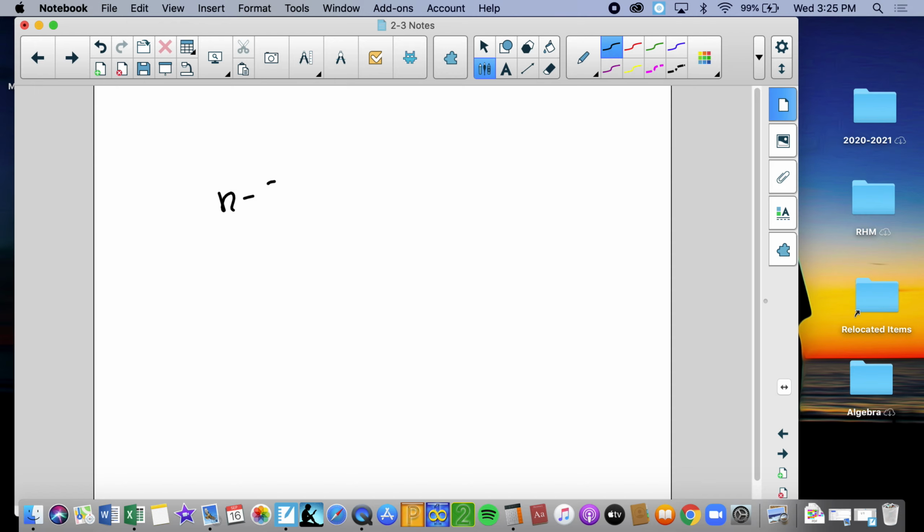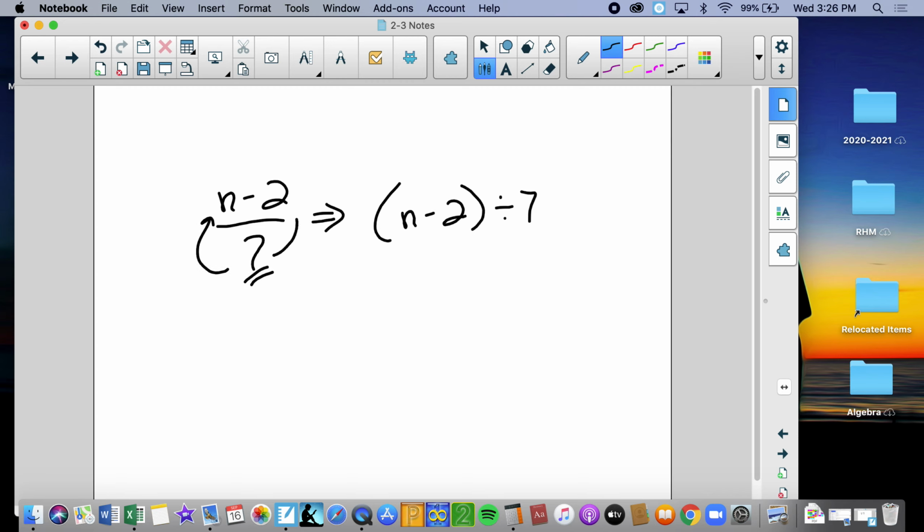When we see n minus 2 over 7, we need to understand that that's the quantity of n minus 2 divided by 7. That 7 is underneath the n and the -2. So we can't get rid of that.